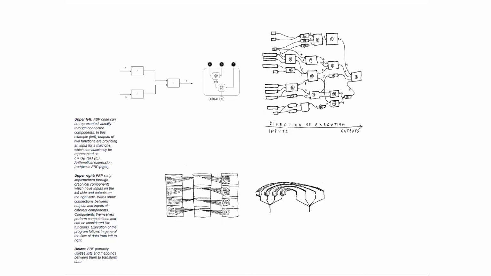And this way of thinking, this way of working, where we have just lists or these arrays, and then we perform operations on them, is a little bit how Grasshopper works. That's this so-called flow-based programming.